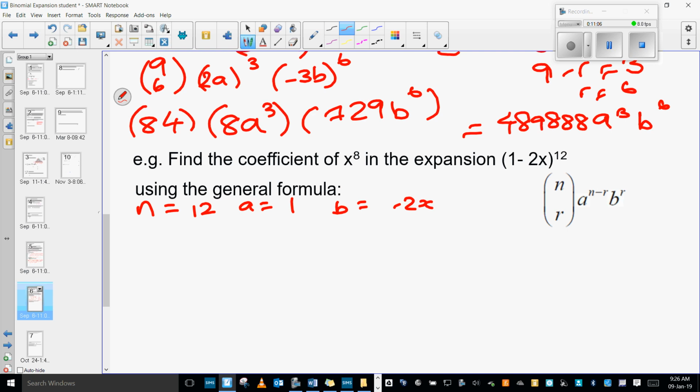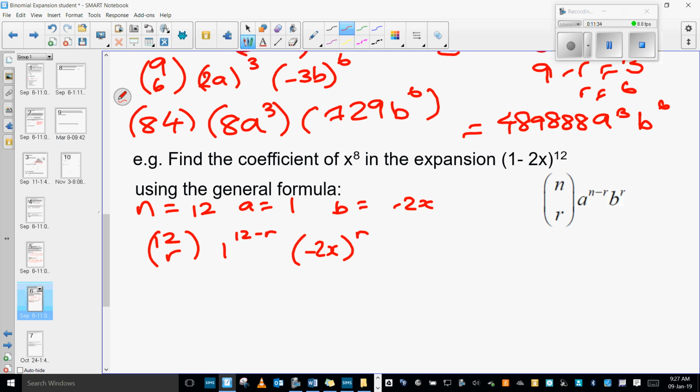So we've got 12 choose r, 1 to the power of 12 minus r, and then negative 2x to the power of r. So we just follow the same process each time. Identify your n, a, and b, stick it in that general formula. Then you go back to the question.